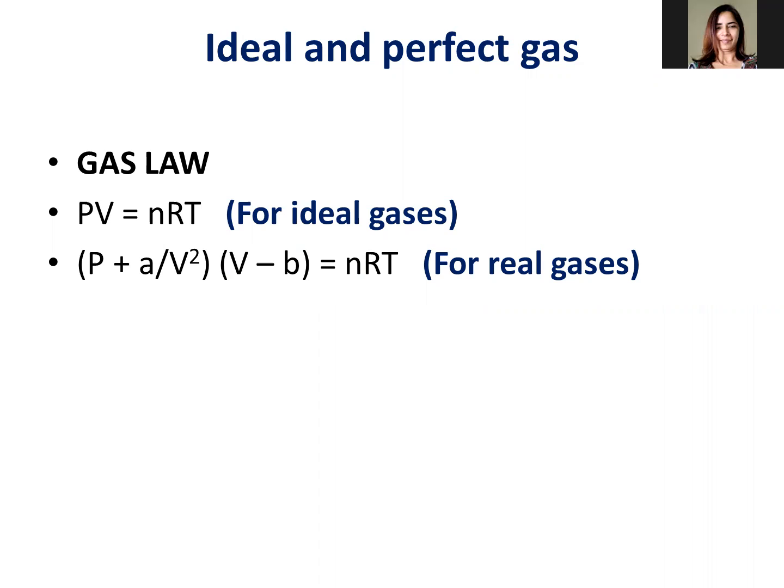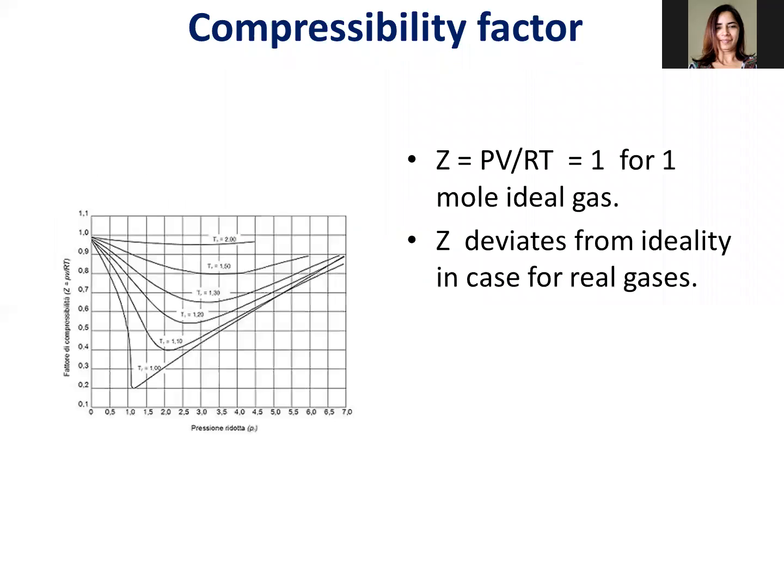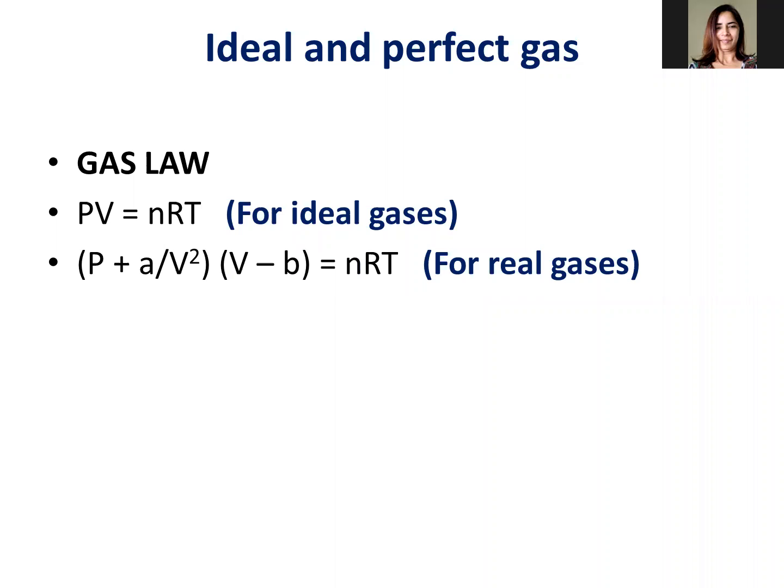All the gases following the van der Waals equation will have their specific van der Waals constants a and b. R is the gas constant, which is again a universal constant. The ratio PV to RT gives the number of moles.